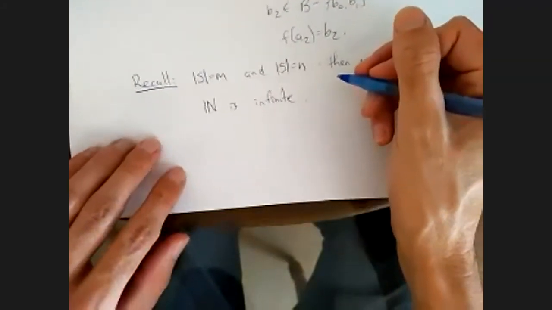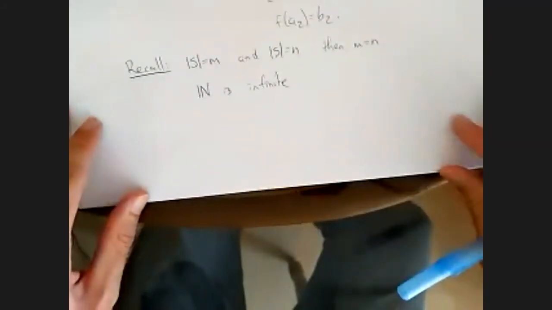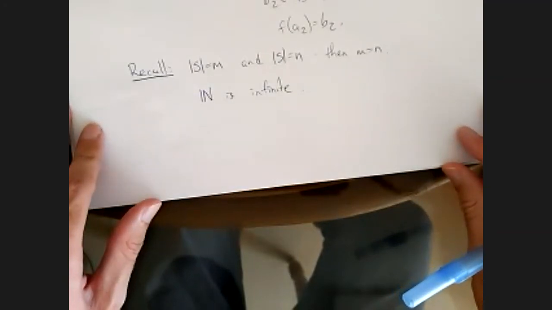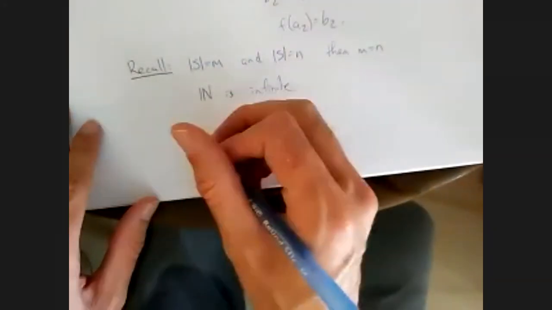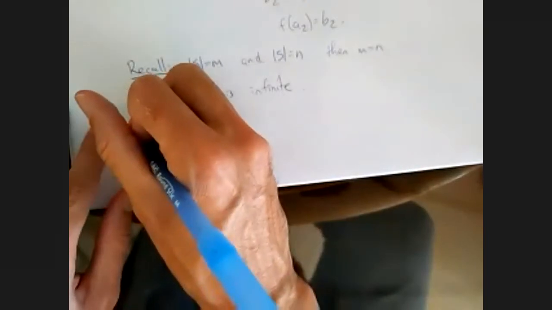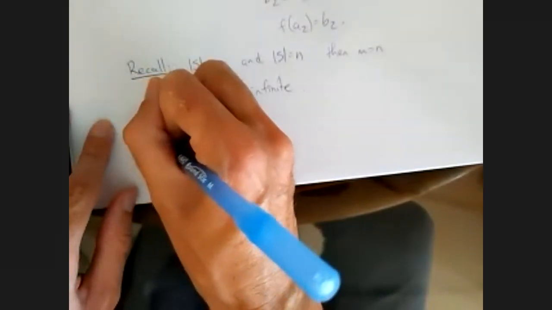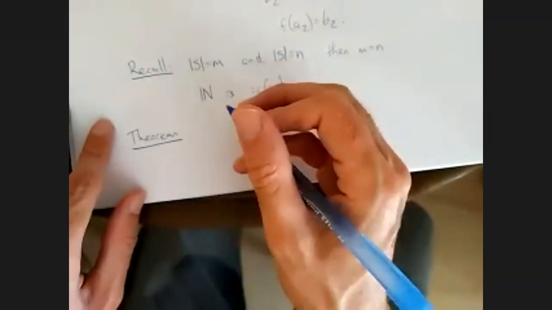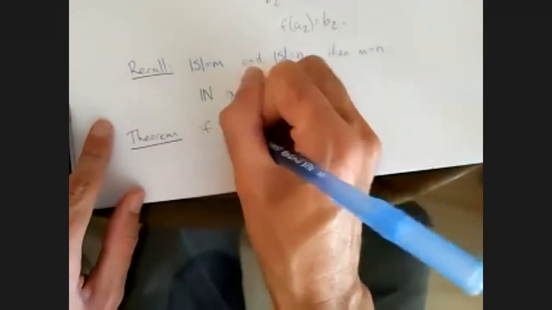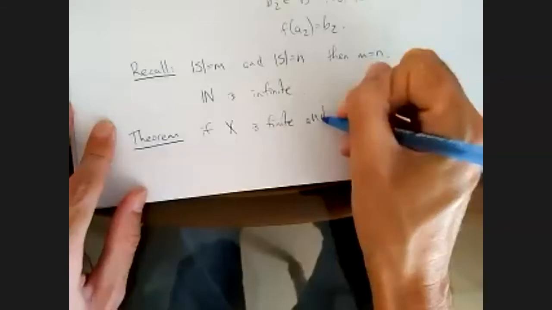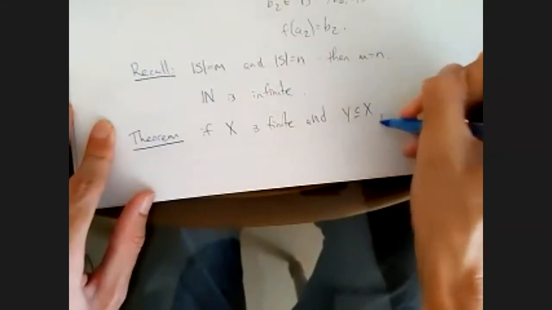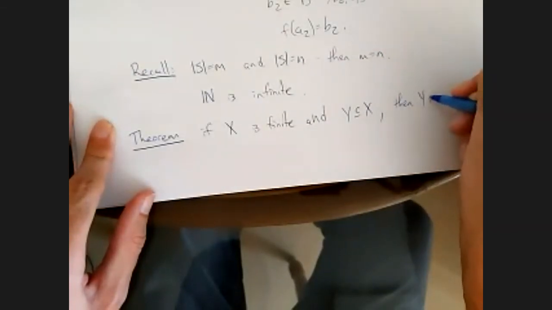There are other things you can prove. I'll just summarize some of the other things we can prove without proving them, because I want to get on to cardinal arithmetic and countability. So let me just state some facts. If X is finite and Y is a subset of X, then Y is finite.